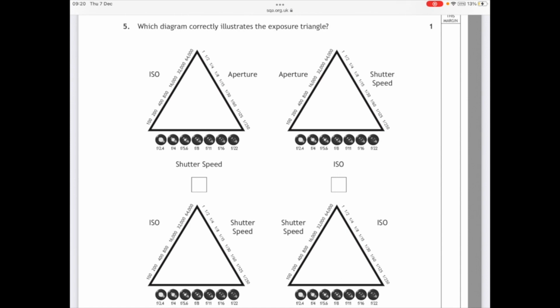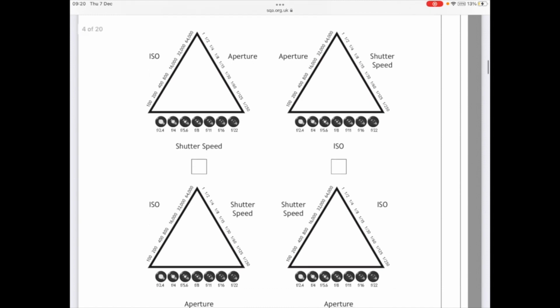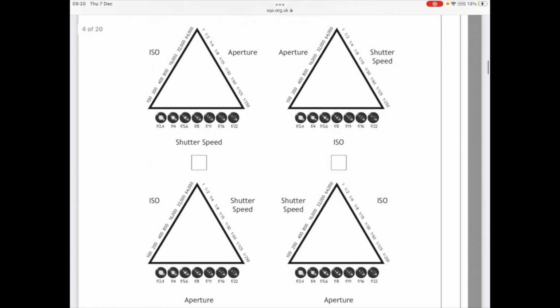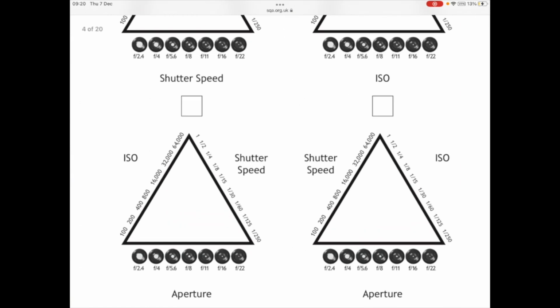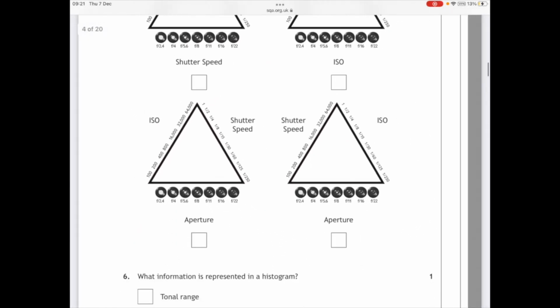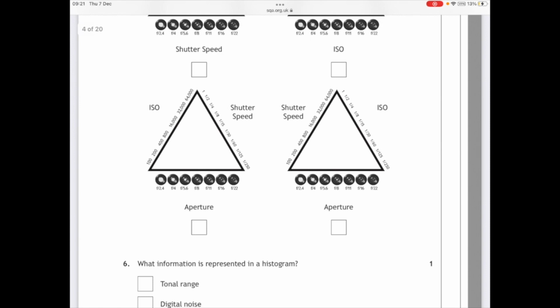Okay, now hopefully you've had a chance to do that one. Right, so if you look at the different diagrams, the correct answer is C. If we're going A, B, C, D, this one here is the right answer. I thought zooming in was a good idea there. So shutter speed is measured normally in fractions of seconds or seconds, but normally fractions.